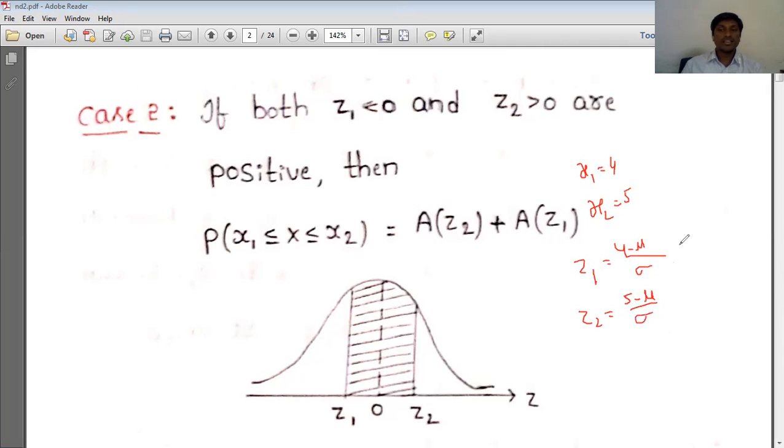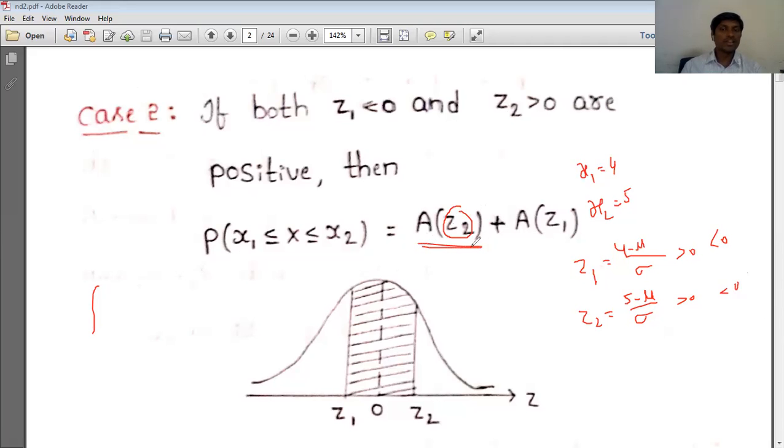After calculating, if both are positive or both are negative, we take the above one, modulus of area of z2 minus area of z1, because areas must always be positive. Even if you get a negative, we give the modulus. And if one is less than 0 and the other greater than 0, it is area of z2 plus area of z1. We can calculate the area, but it takes time, so we have the normal distribution table.